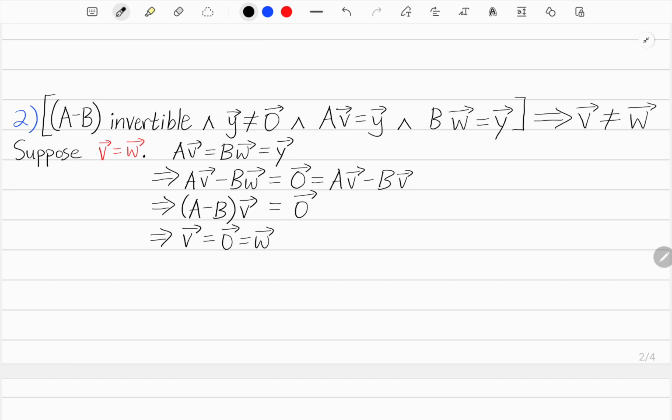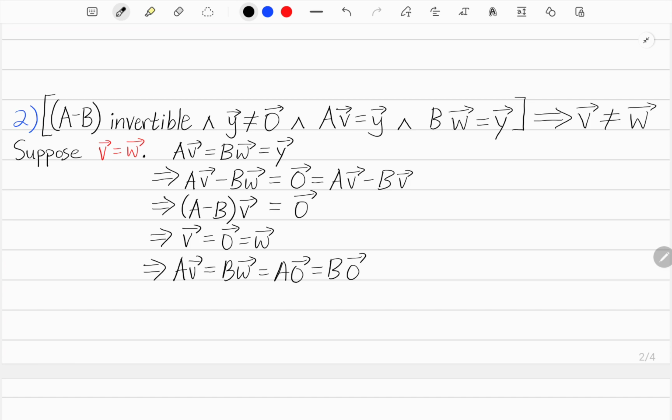Then if we go back to AV and BW, we have AV is equal to BW, which equals, V is 0, and W is the 0 vector.